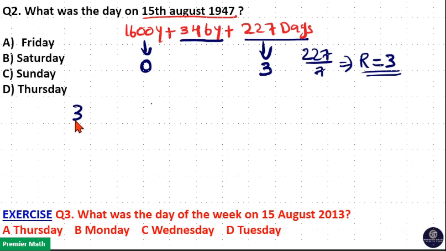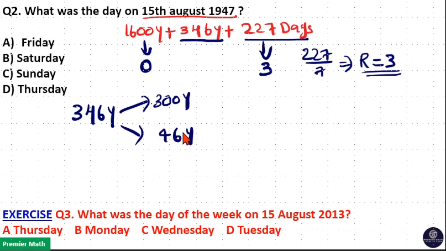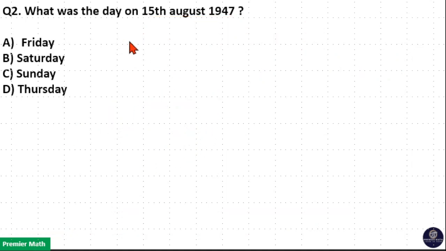Now to find odd days in 346 years, I will split it as 300 years plus 46 years. In 300 years, there is only one odd day. I will explain that. To find odd days in 300 years, first you need to find out leap years and non-leap years in 300 years. To find leap years, just divide 300 by 4. It will give you 75.